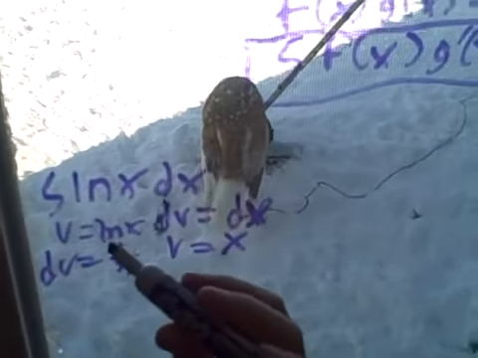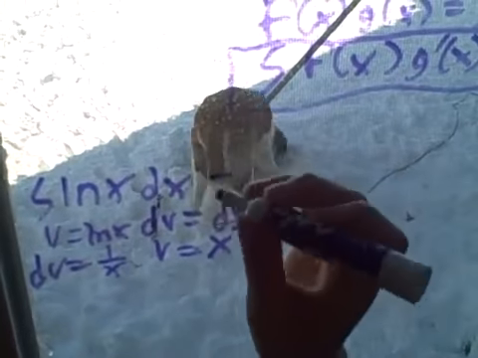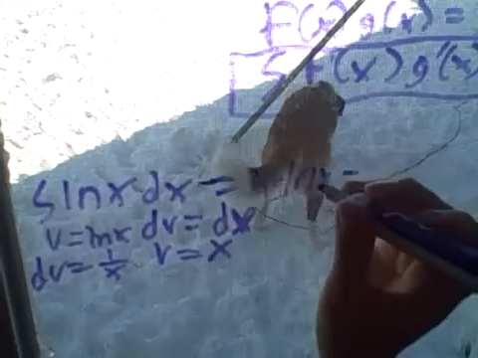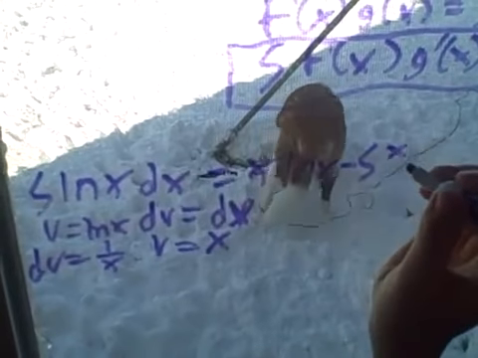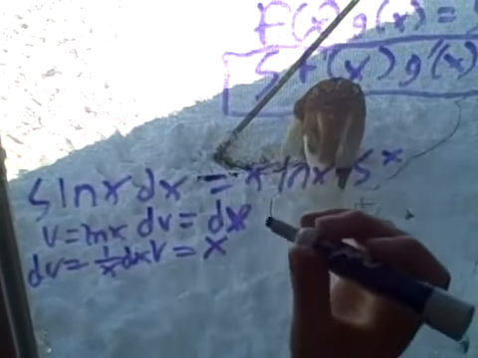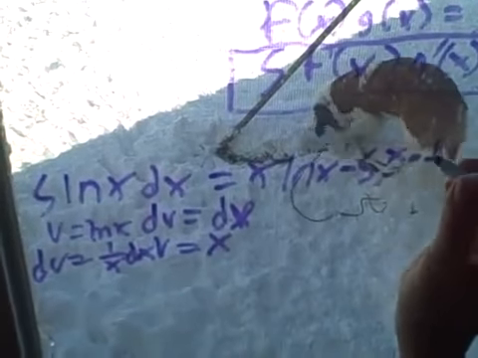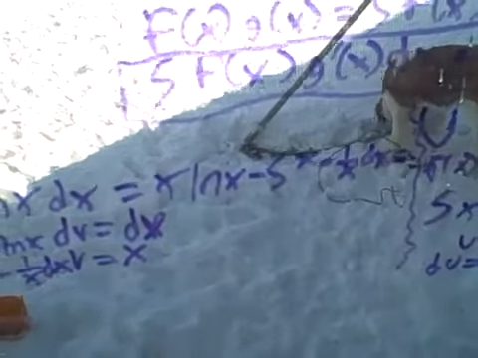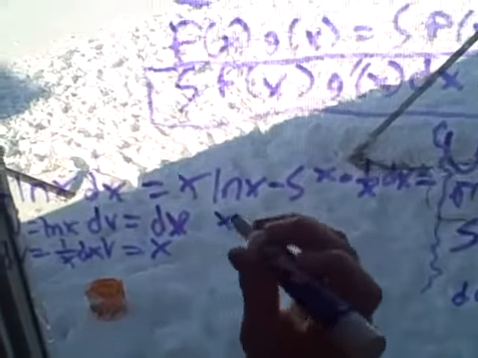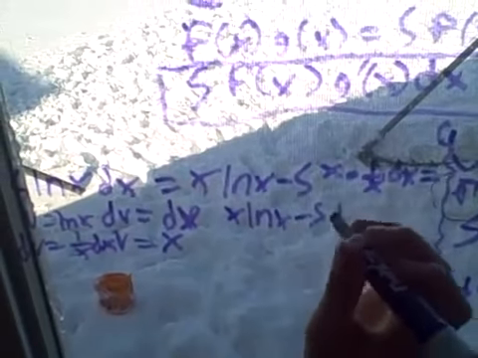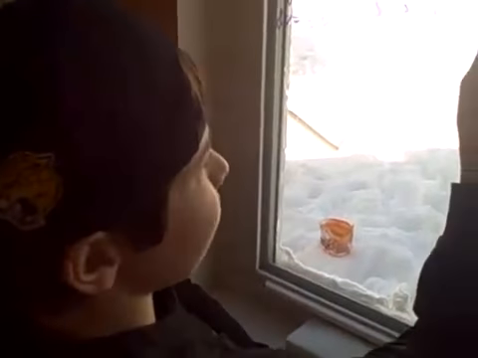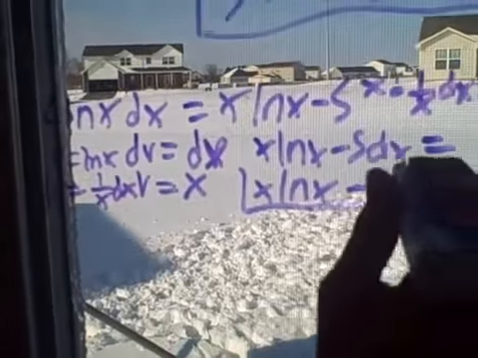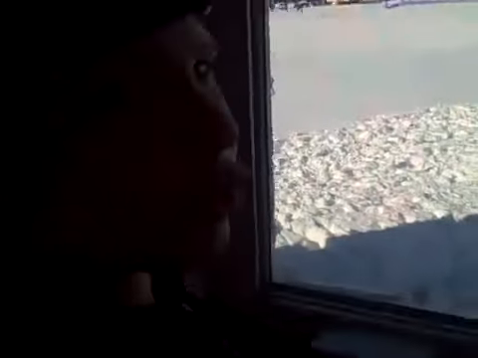So now I have uv, which is x natural logarithm of x, minus integral x times 1 by x dx. This equals x natural logarithm of x minus integral of dx. Integral of dx, as you should know, is x. This equals x natural logarithm of x minus x. That's how you would do something like that.